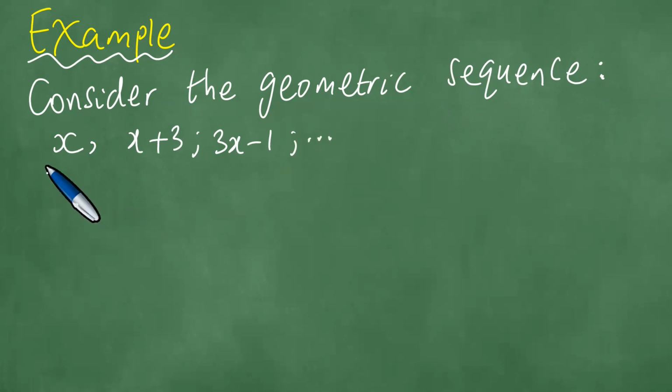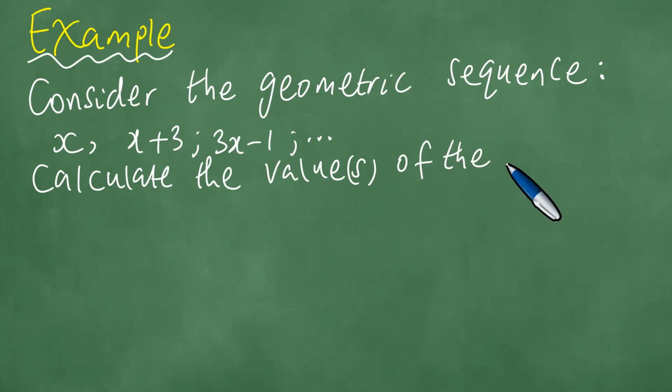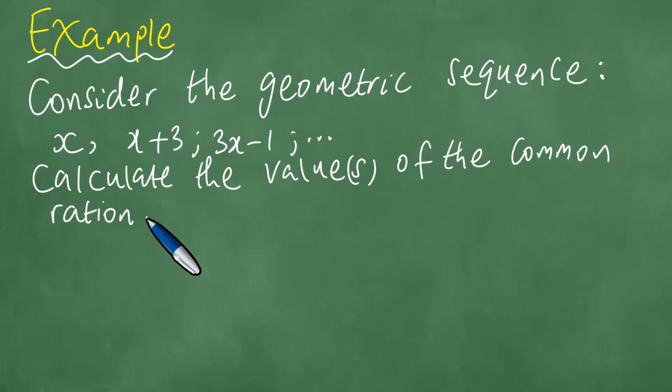So at this point, you need to be able to calculate the values of the common ratio, R, if the common ratio itself is strictly bigger than naught.